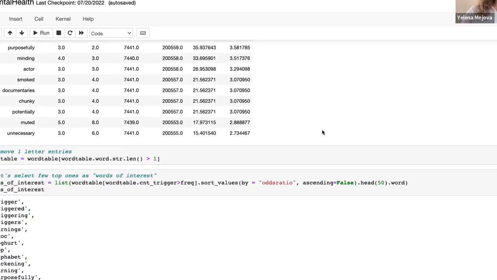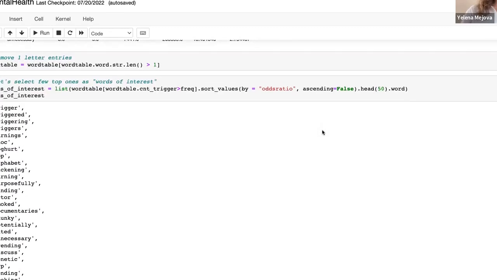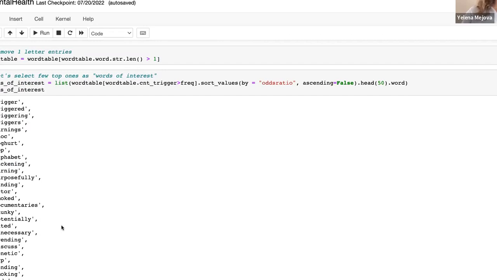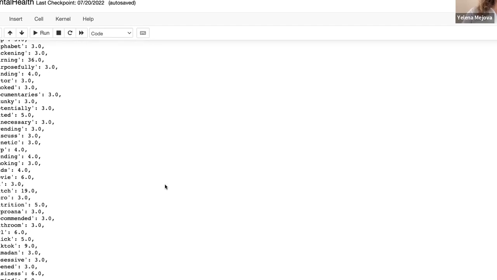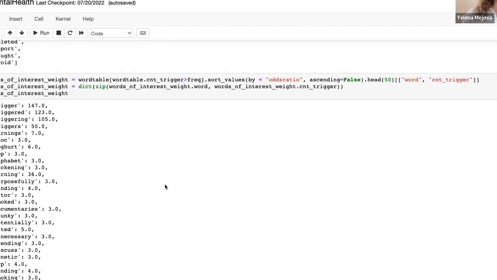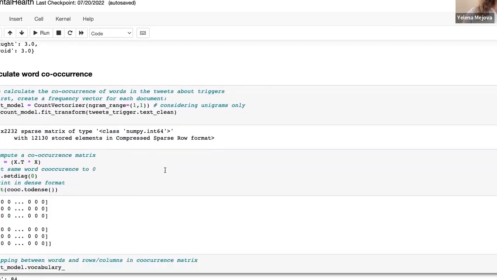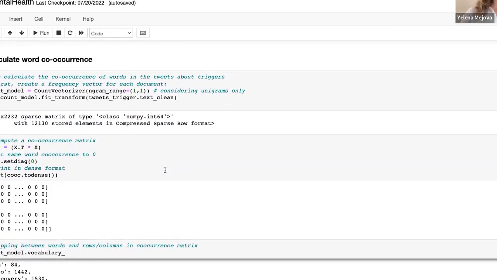And what we want to do is say, how do they relate to each other? And that was a question in the previous day. So we found some words that we want to understand. What we can do is, okay, we found some odds ratios that are associated with them. We can do a word co-occurrence network.